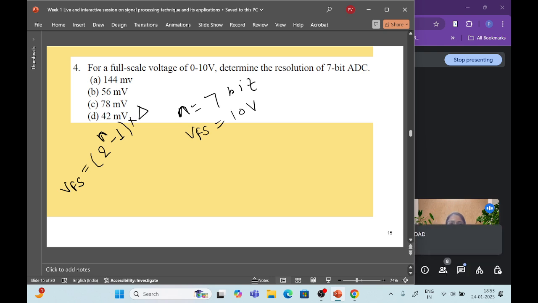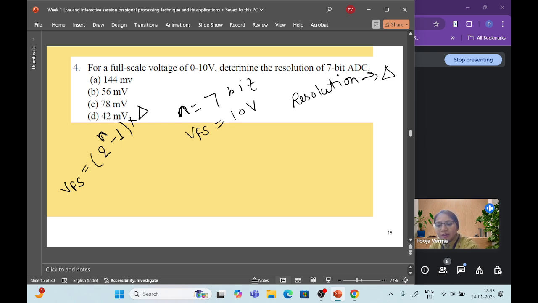We are representing resolution by a delta. So here we need to find out the resolution.